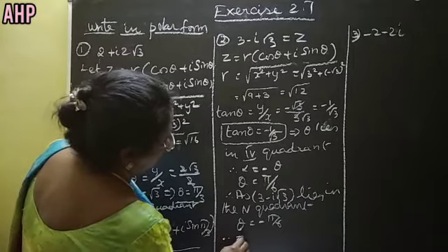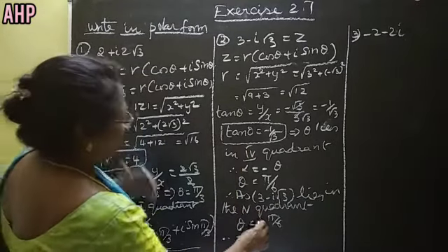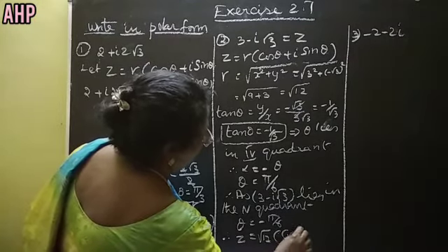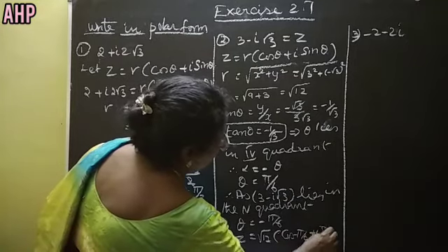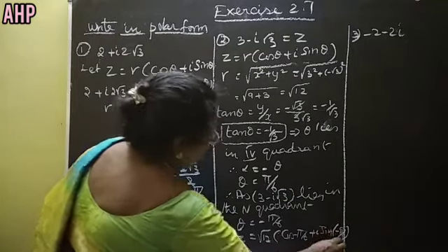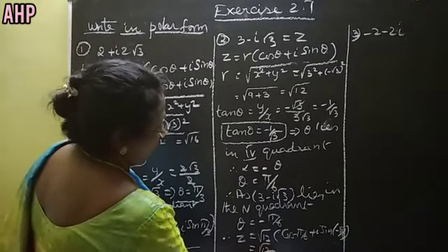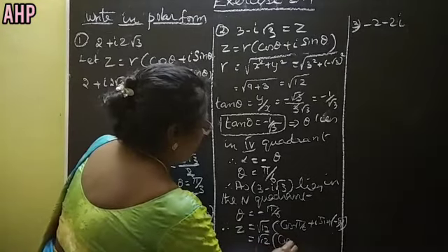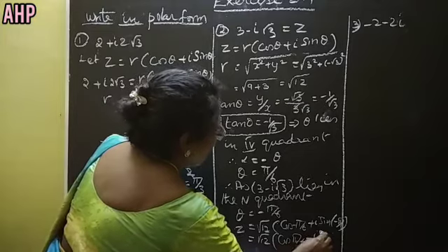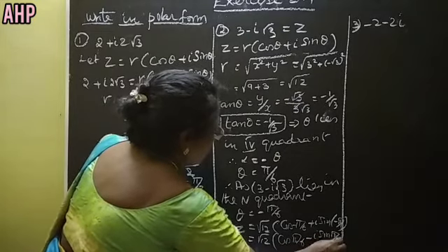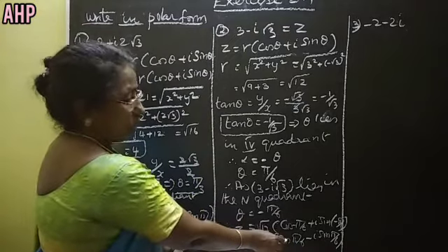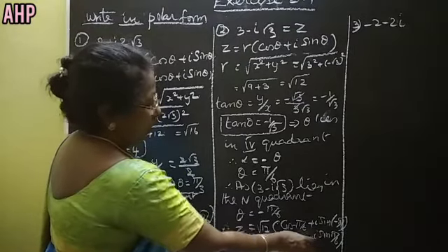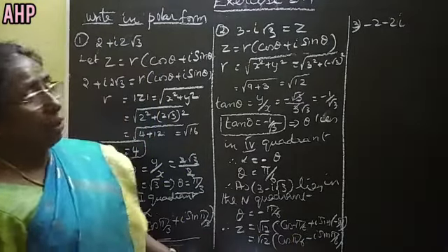Therefore, z is equal to, R value is root 12 into cos minus pi by 6 plus i sin minus pi by 6. So this will be equal to root 12 into cos pi by 6 minus i sin pi by 6. Cos of minus theta is cos theta and sin of minus theta is minus sin theta. Therefore, cos pi by 6 minus i sin pi by 6.